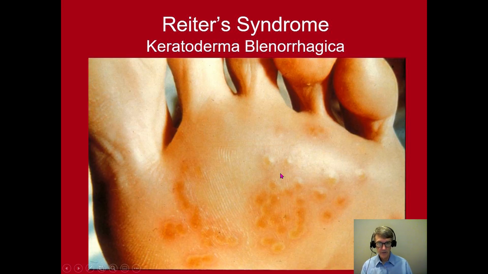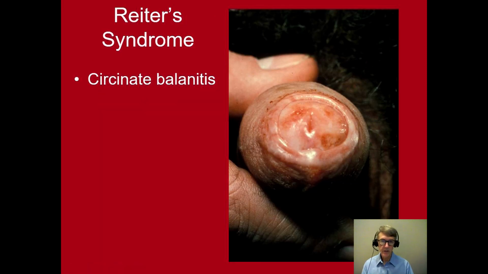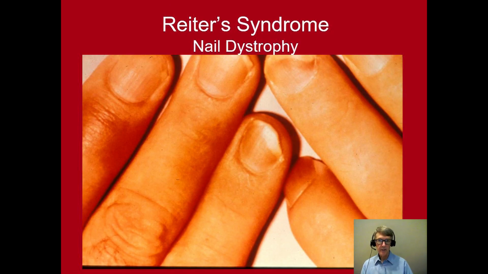You can see sort of this little cobblestone appearance down here. This is circinate balanitis on the head of the glans penis, and what one sees here is little ulcerations. There can be a nail dystrophy, and we'll talk about that again when we talk about psoriatic arthritis, but one can see a nail dystrophy with separation of the nail from the nail bed here and up here.